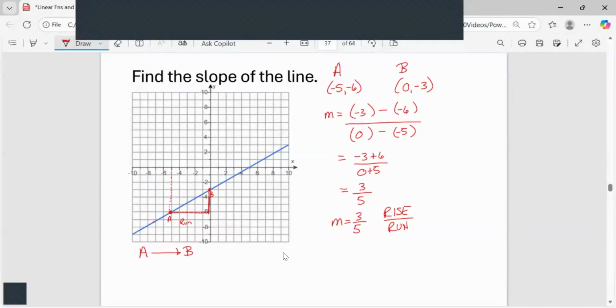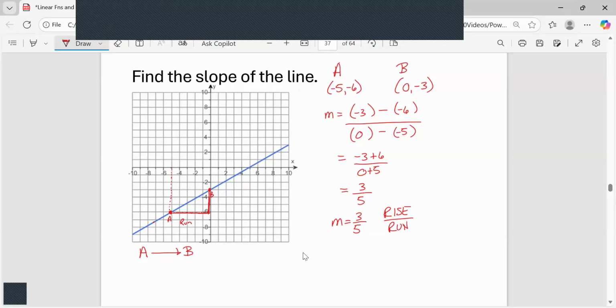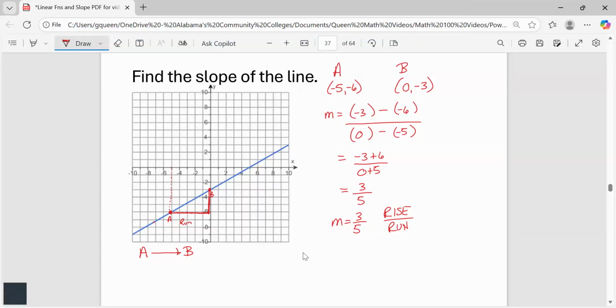If I am going in the positive x-axis direction, we call the run a positive number. If we are going up in the y direction, we call the rise a positive number. If we are going down for the rise, we would use a negative number. And if we're going to the left in the x direction, we have a negative number for the run. So rise and run are going to be positive or negative depending on which way you're going.